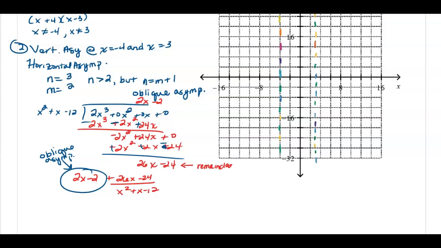So I'm going to go to negative 2 on my y, right here, right in the middle. And then I'm going to go up 2 over 1, so up 2 over 1, up 2 over 1.